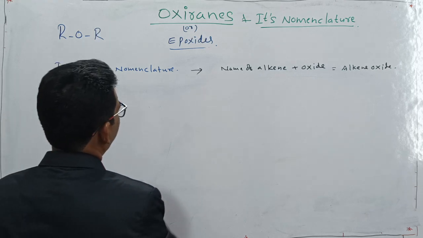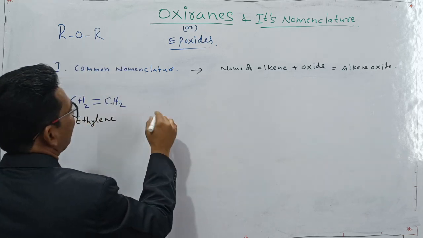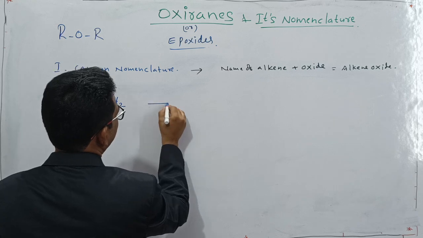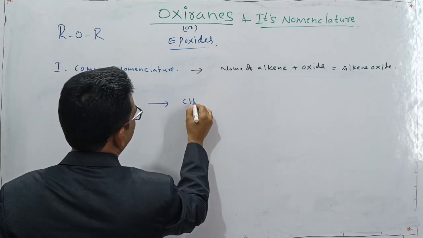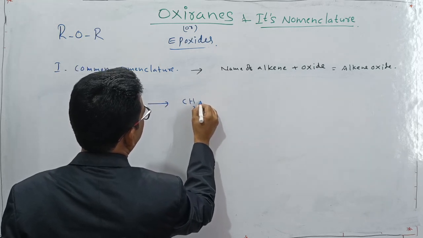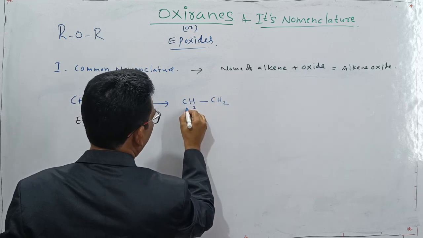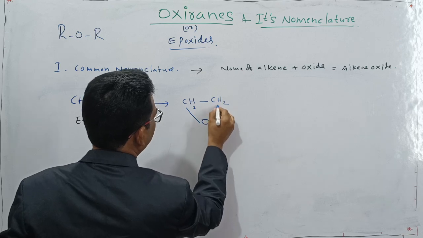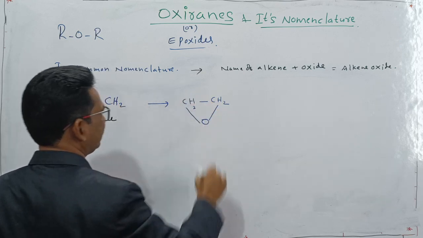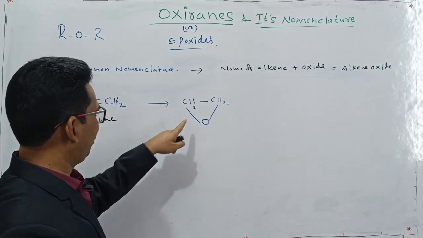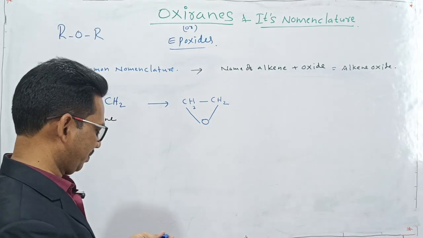Now you will see what I told, it is derived from ethylene. If we want to write it in the form of an oxirane, this one, CH2, the double bond goes out, and the carbons form bonds with the oxygen.